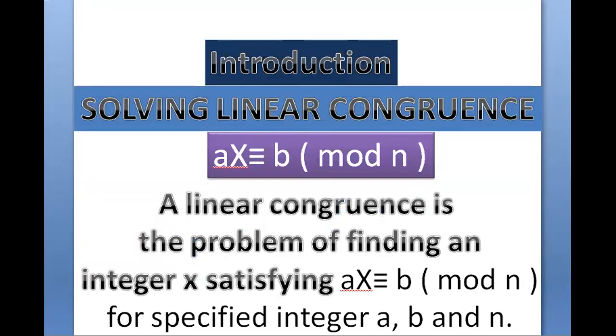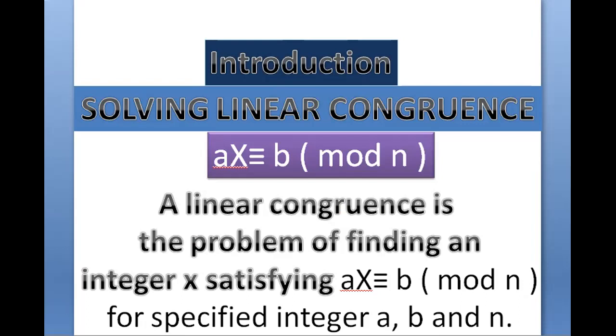We can start by defining linear congruence. A congruence of the form ax ≡ b (mod m), where x is an unknown integer, is called a linear congruence in one variable.